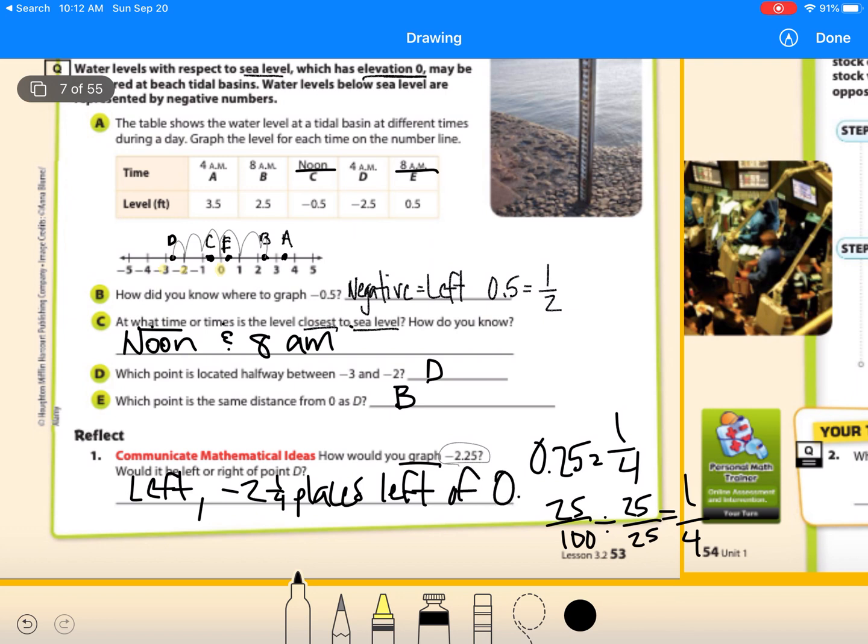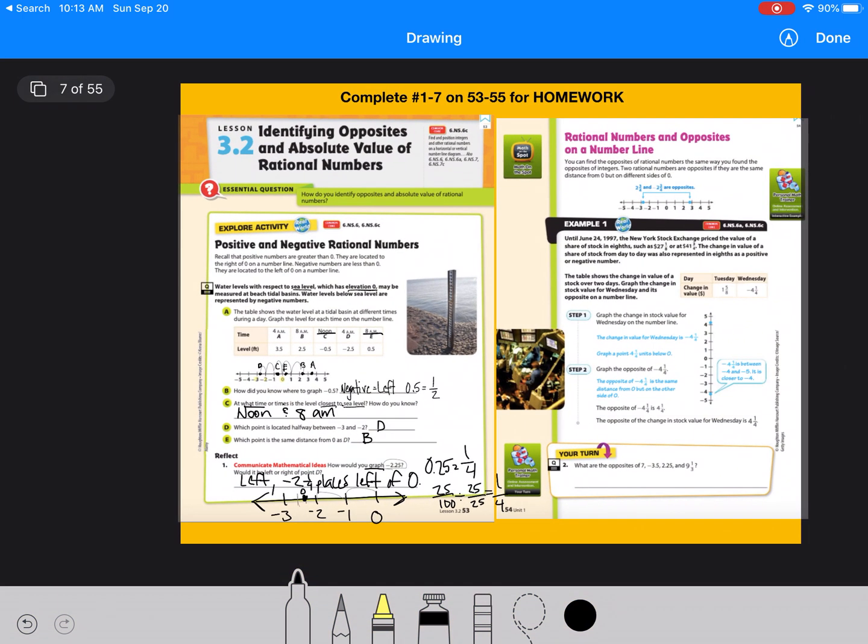And then I'm going to draw a little diagram for you. So if I have negative 3, negative 2, negative 1, and 0, I would go 1, 2, and then I know that the half mark is right here, so it's going to be right here. It's going to be only 1/4. That would be point D. So I'm going to write a little D on top of it. I hope that helps you with number 1.